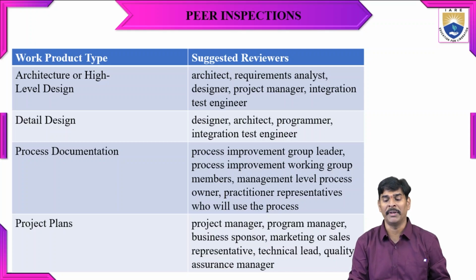The requirements analyst mainly knows the different types of requirements in the architecture, so he can easily understand and identify the flaws in the architecture or design part. The designer generally knows the different types of components or modules, the software as well as the hardware components placed in the architecture of the design part here.